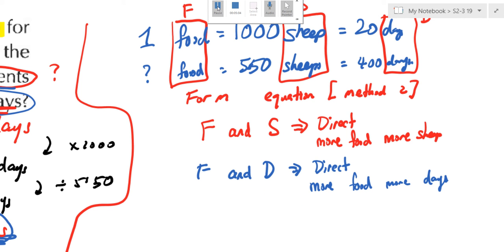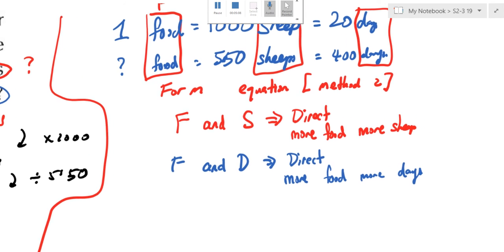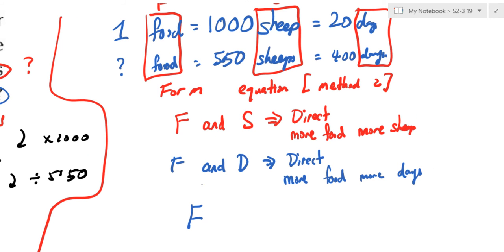Okay, can everyone listen? Now, can you write down? Therefore, F and S is direct, so it becomes F = KS. Does it make sense? Because it's direct.